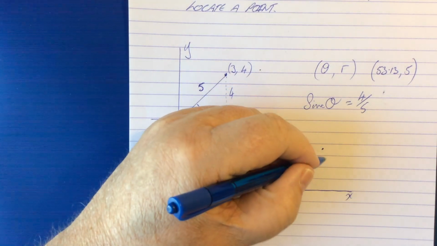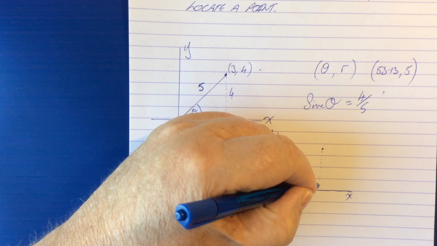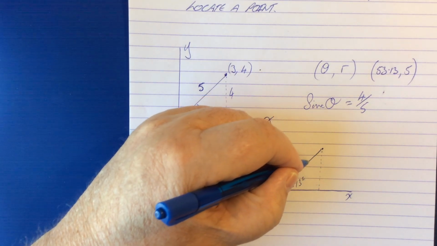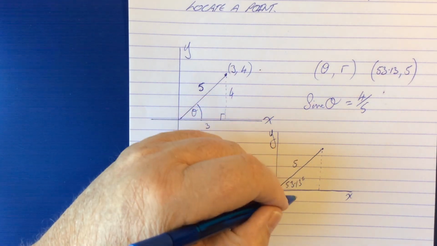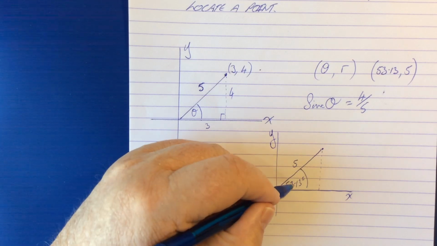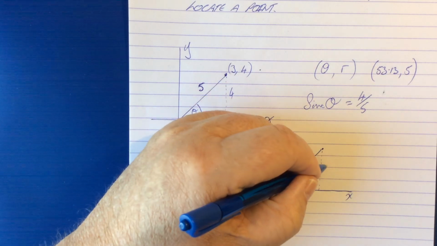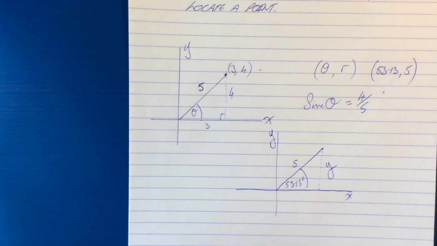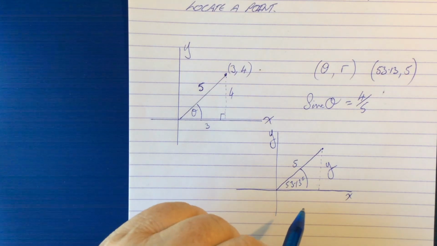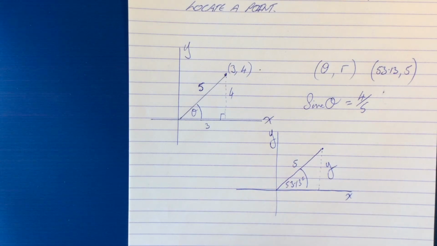How could we be so sure of that? Well, we know that that is 5. We know that this angle is 53.13, so we can find that length, which is something that we can derive from the sine of this angle.